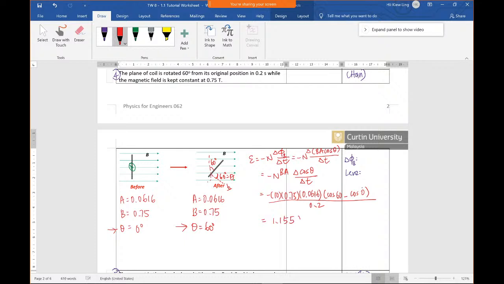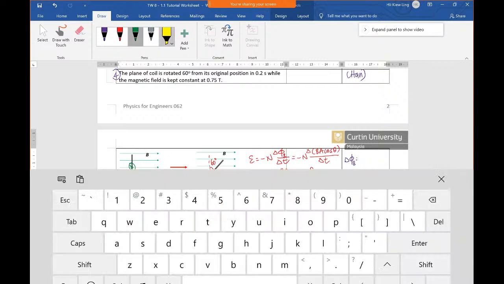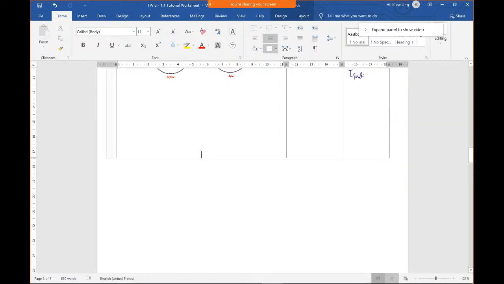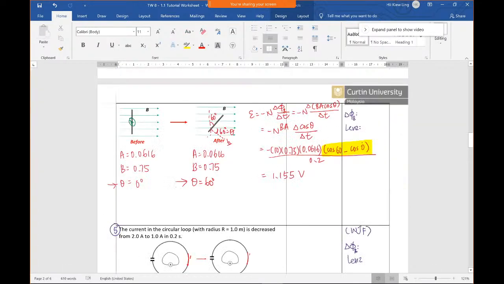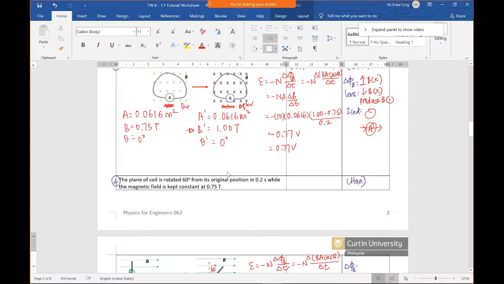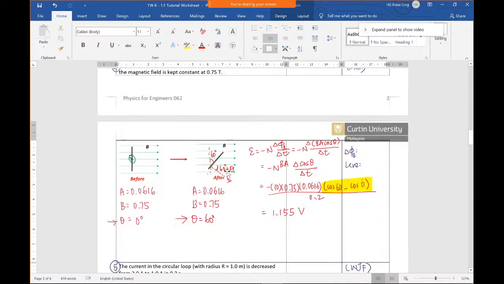So you get 1.155 volts. Take note, if there is a change in the angle, the common mistake is to take delta cos theta as cos 60, minus 0.